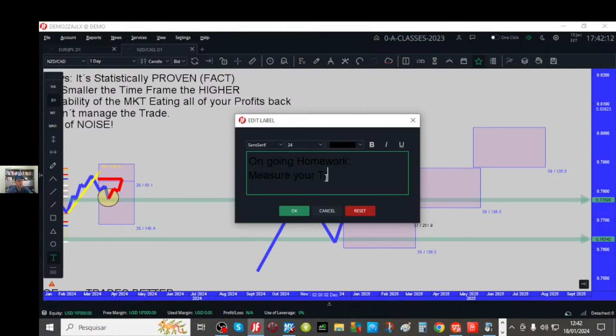Measure your trades in the sense of how many times the market goes to your take profit and how many times the market eats a big part of your profits.